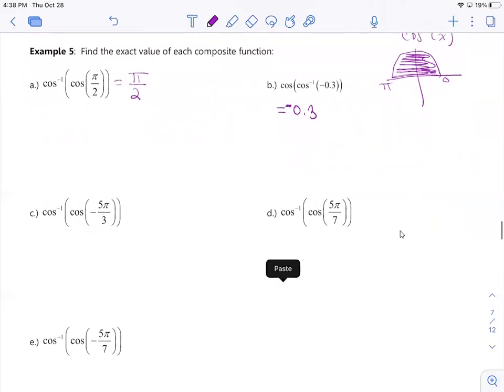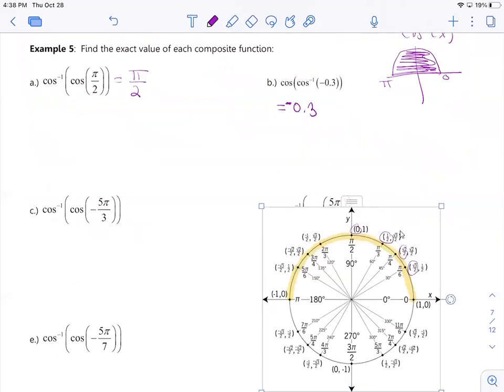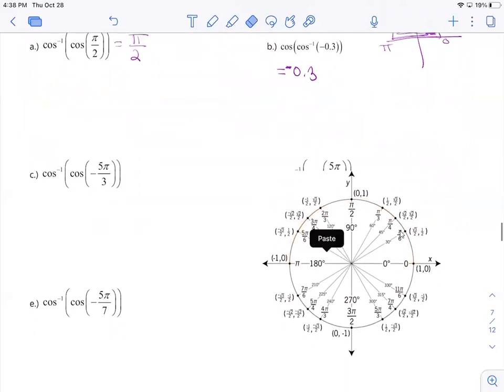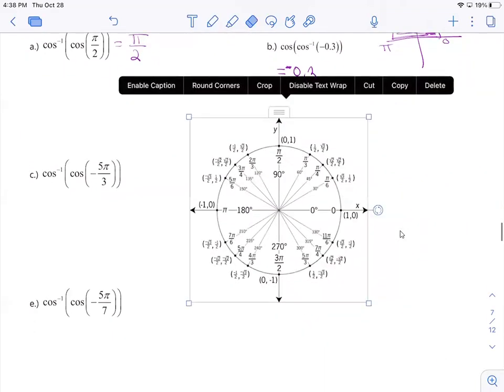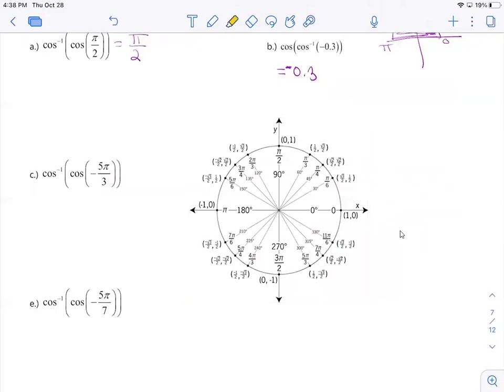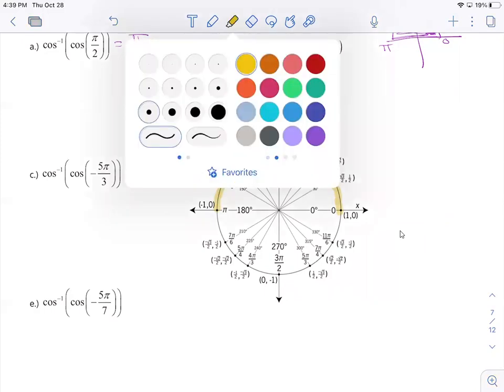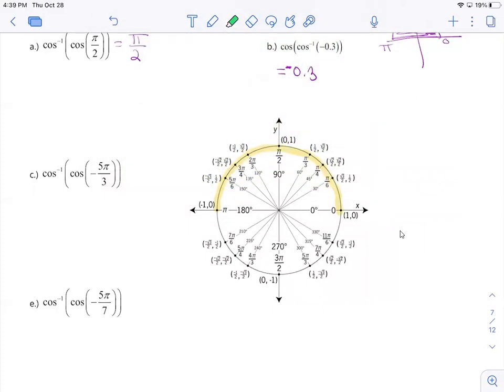So let me go ahead and pull up that unit circle. Just again, inverse cosine can only live here. Now, negative 5 pi over 3. 5 pi over 3 is here, and we talked about this in a previous section.